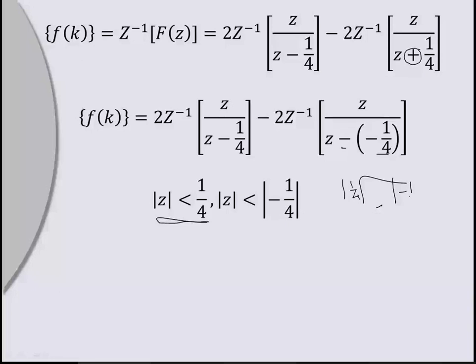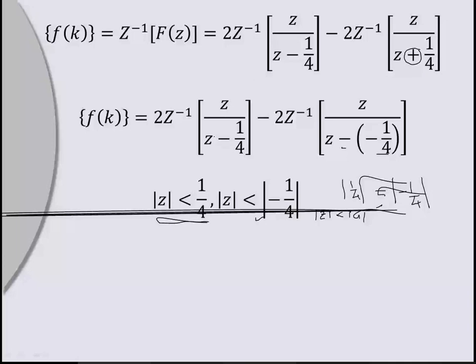Both are the same. So if mod z is less than 1 by 4, it will definitely be less than mod of minus 1 by 4. And if mod z is less than mod a, then we have a standard formula for z upon z minus a. So make use of that standard formula and get the inverse z transform.